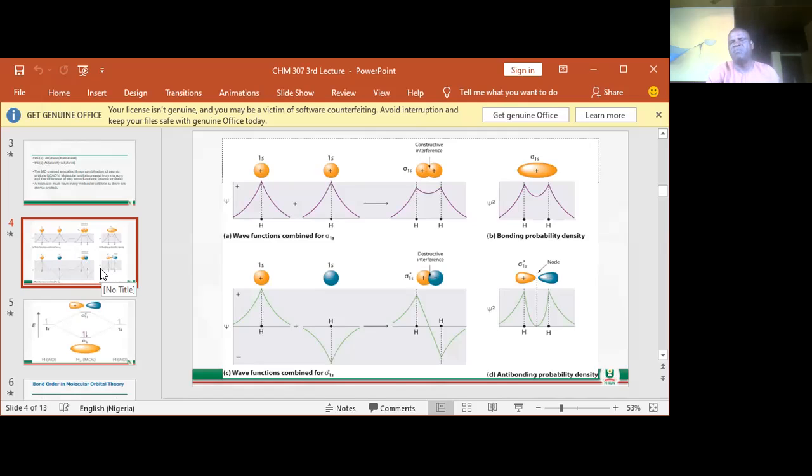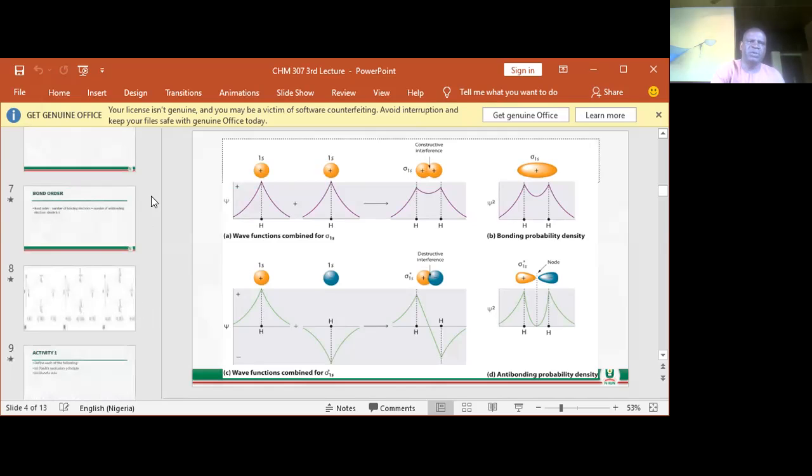It doesn't lead to combination because it is anti-bonding. Hence, the resultant product is the anti-bonding probability density you see in D. That is, even though because of the effect of the electric field there is a tendency for the two atoms to be pulled together, they are not coming together. Hence, a bond is not formed between the two of them at all.